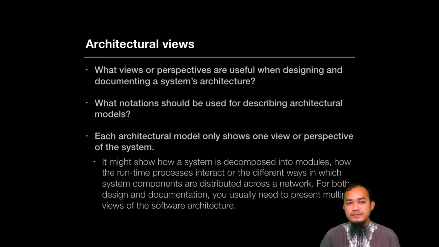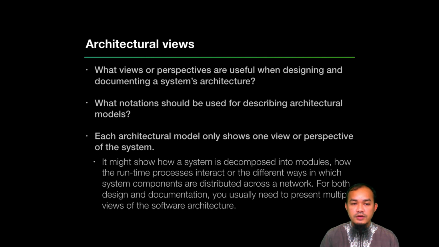Let's continue our topic about software architecture design. This is about the architectural view. An architectural view is the view or perspective that we use to see the system architecture.